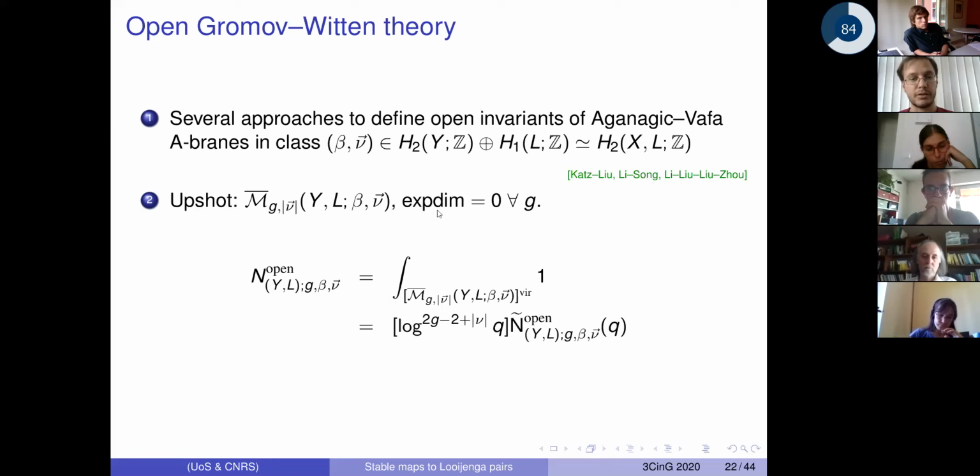And as a result, open Gromov-Witten invariants can be computed again by capping, well, in this case just 1, against the virtual fundamental class. And one can construct a generating function of those, mimicking what happens in the log case.